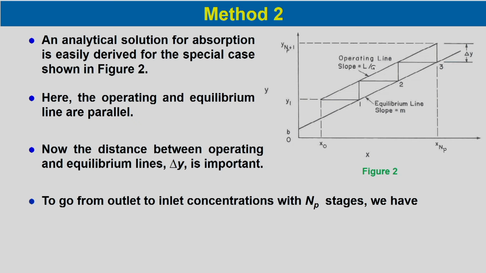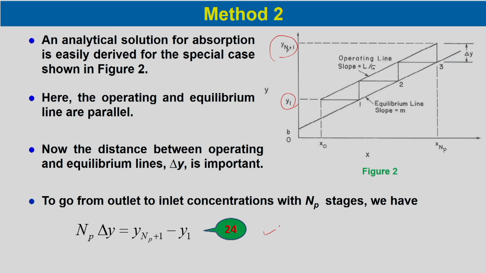So, to go from the outlet to the inlet concentration, if we have N p number of stages, then we can write N p times delta y would be equal to y N p plus 1 minus y 1, because these are the terminal concentrations. This is the change of concentration, and it happens throughout N p stages.